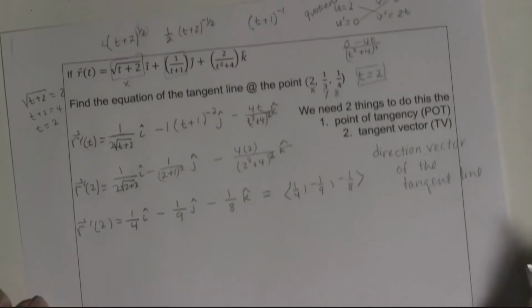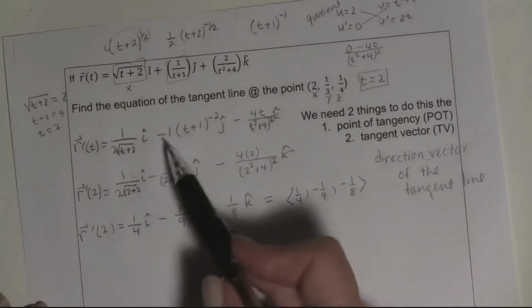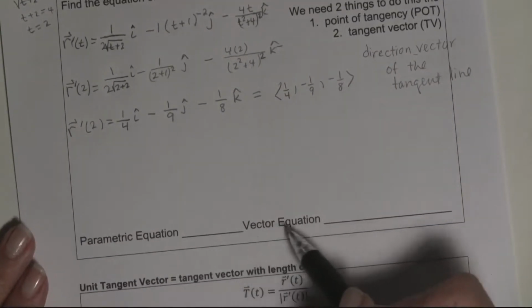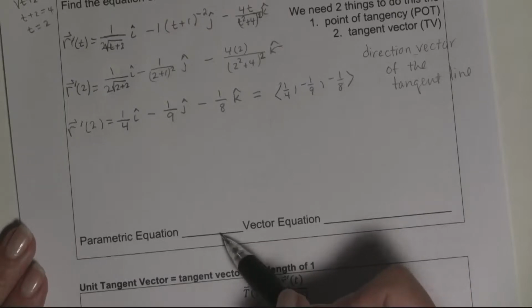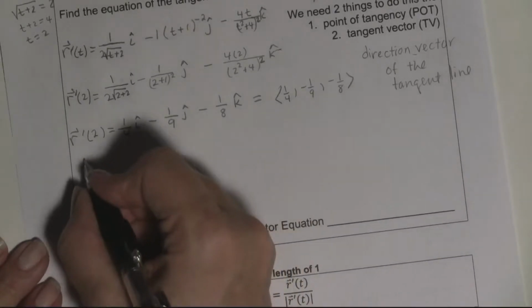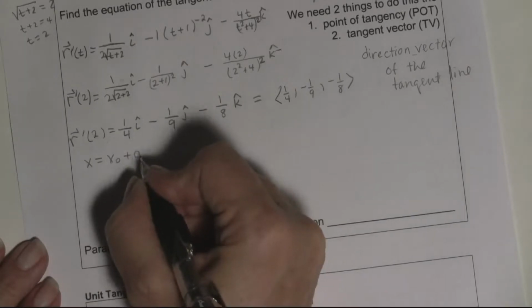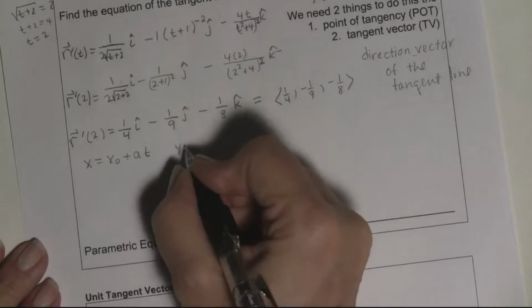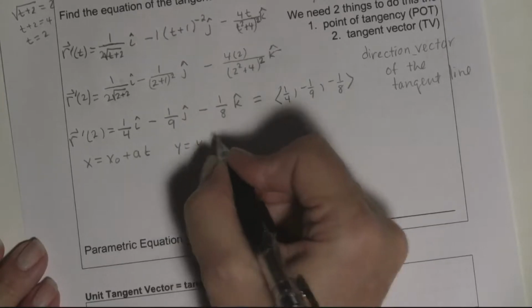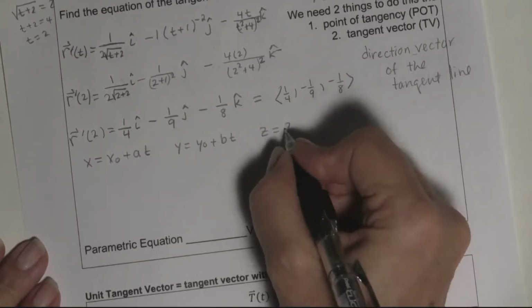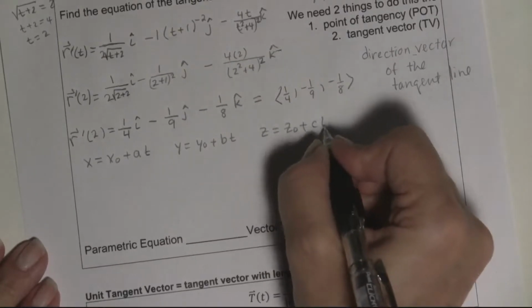And it says up here, oh, it didn't say. It said down here, parametric equation, and then it didn't give a very long line. Sorry. And so here's the parametric equation builder. X equals x naught plus AT. Y equals y naught plus BT. Z equals z naught plus CT.